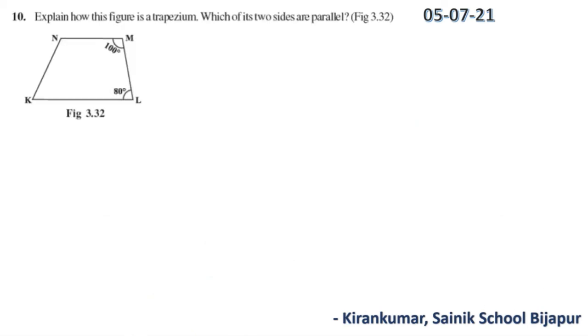Question number 10. Explain how this figure is a trapezium. Which of its two sides are parallel? It's very evident here that angle M plus angle L is 100 plus 80, which is 180 degrees.